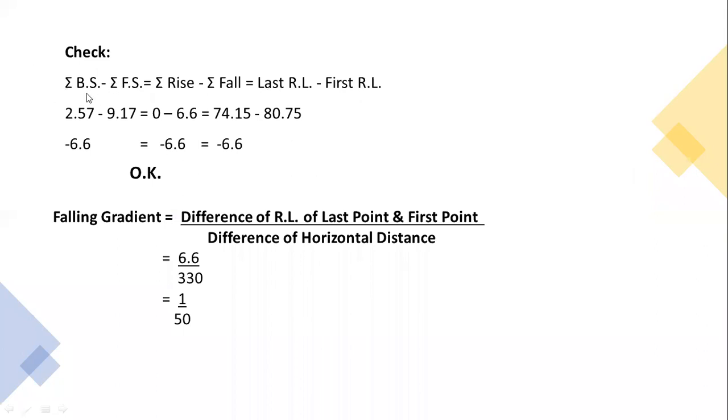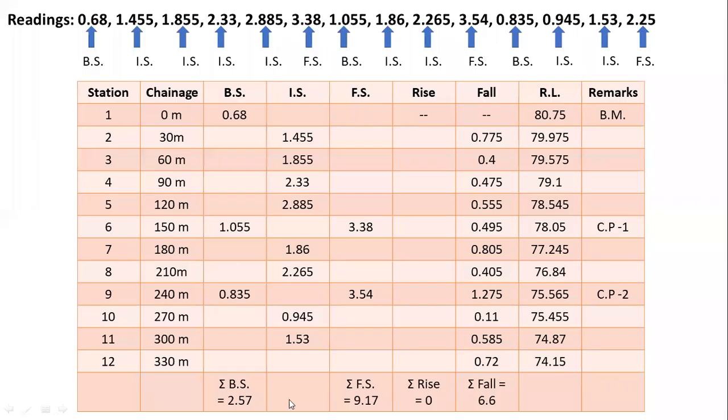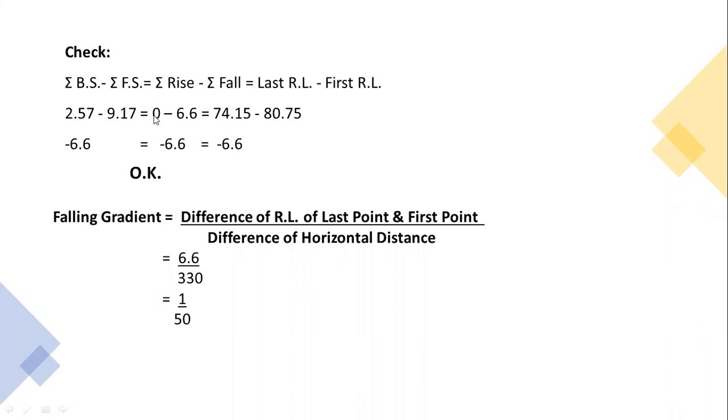The check is sigma BS minus sigma FS, sigma rise minus sigma fall, and last RL minus first RL. Putting in the values, the answer is minus 6.6, so our answer is okay, right?